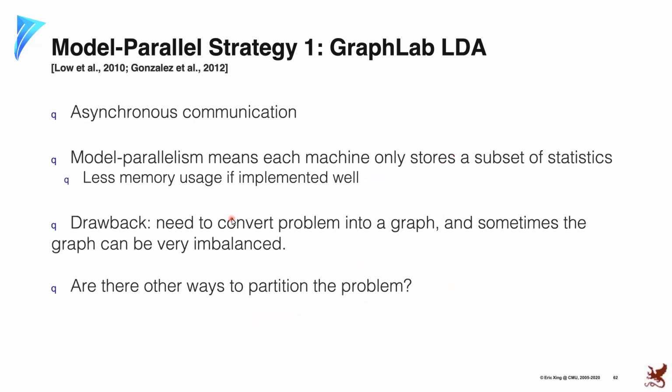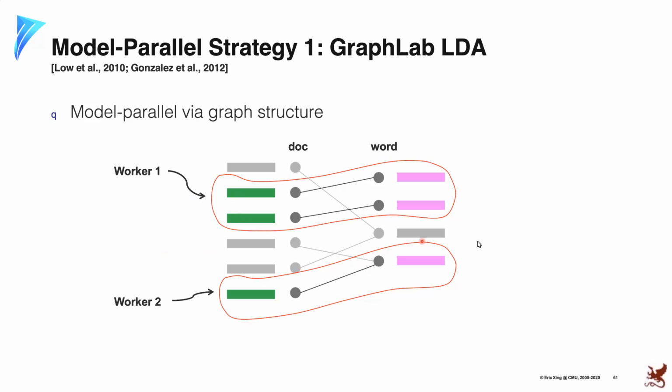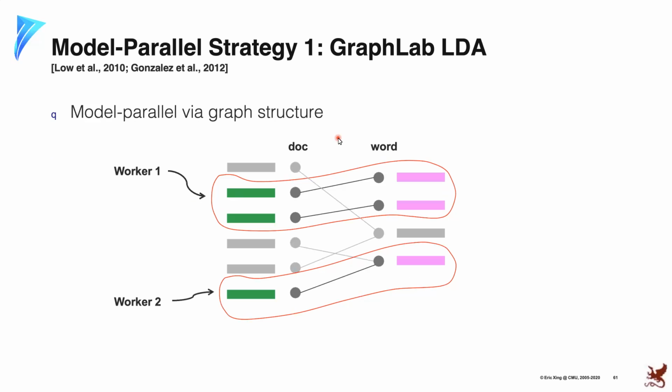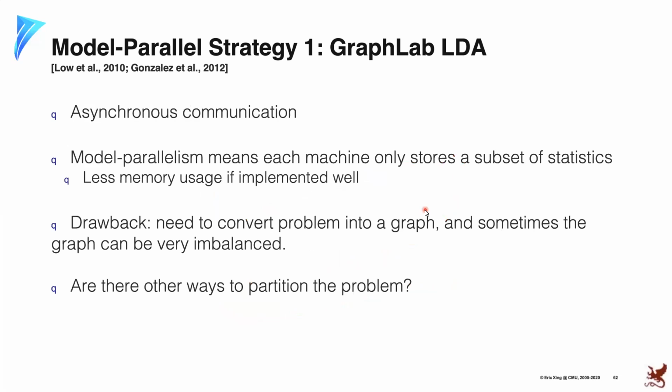Because of this, each worker will touch a different set of parameters that will not collide. So, like the Hogwild parallel trick, it's asynchronized communication. And because each machine only needs to store the subset of statistics for its documents and words, they use less memory.